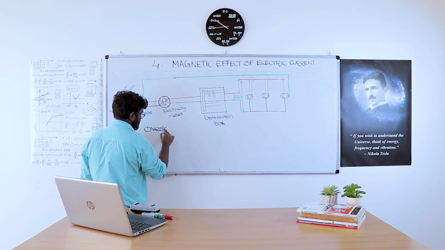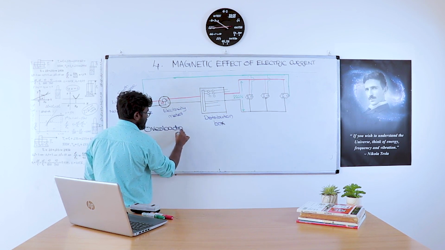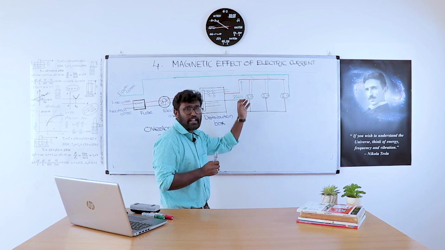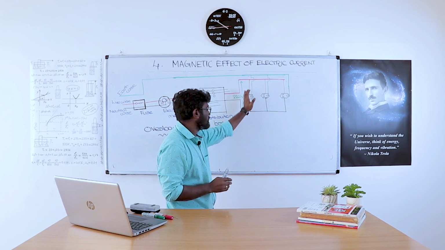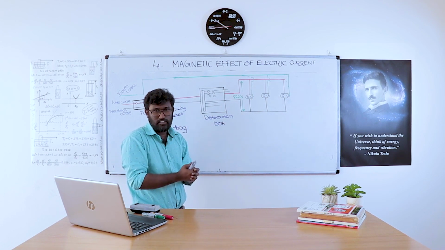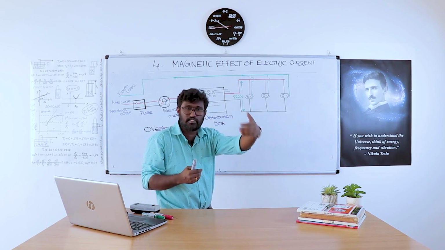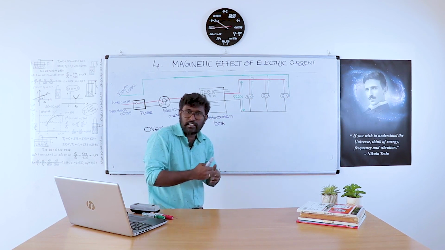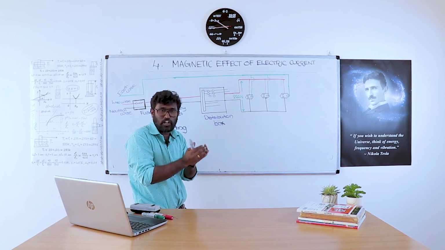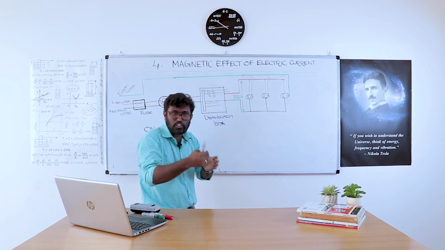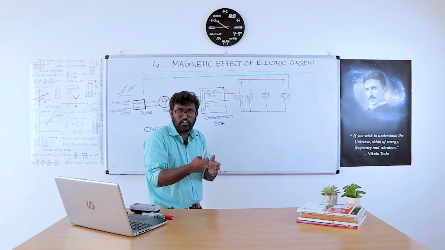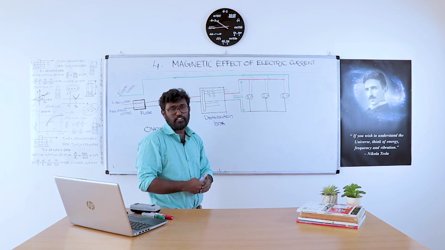What is meant by overloading? Overloading means excess appliances are connected to a single socket. If this is a socket, there will be excess appliances connected. What will happen if excess appliances are connected in a single socket? That single socket will draw a large amount of current.